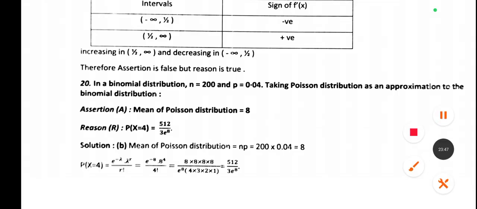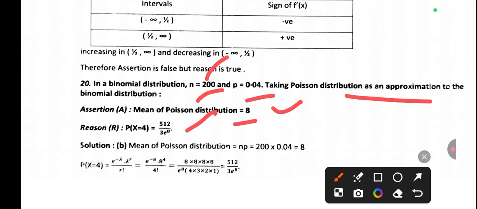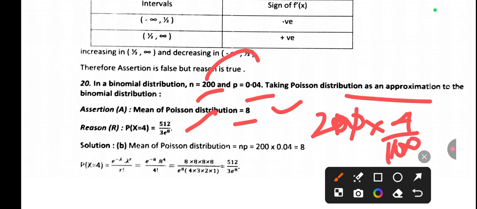Then 20th, if you see, n is 200, p is 0.04, Poisson distribution, mean is 8, then P of x equal to 4 they said 512 by e power 8. So mean 8 is correct because n into p, 200 into 0.04, is 4 by 100, cancel, 2 4s are 8, correct.